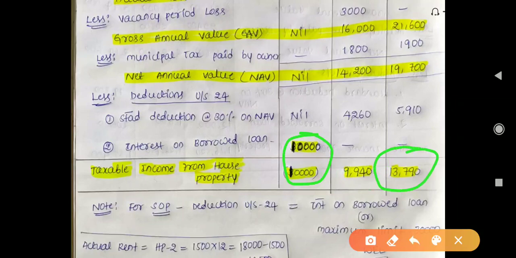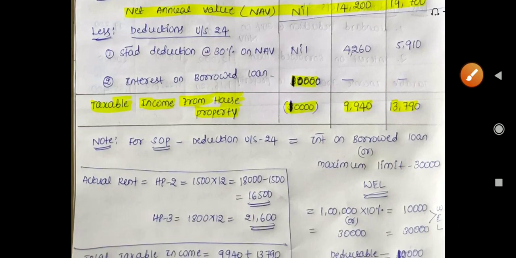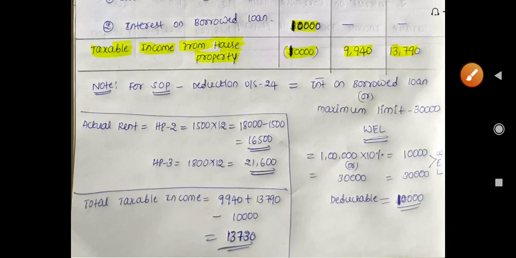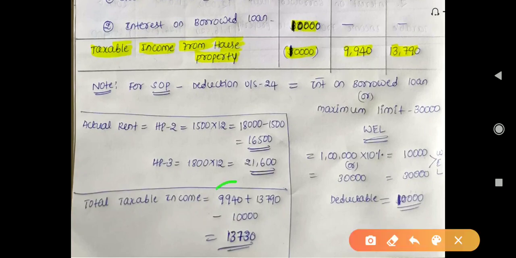Now the total taxable income from house property is 9,940 plus 13,790 minus 10,000, totally 13,730 you will get as income from house property.